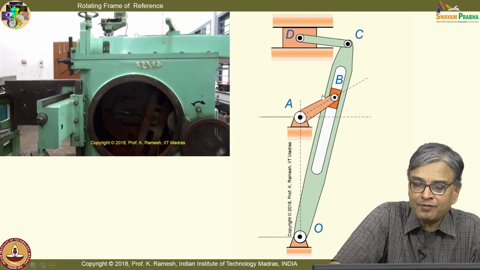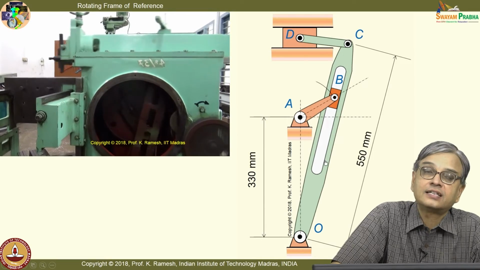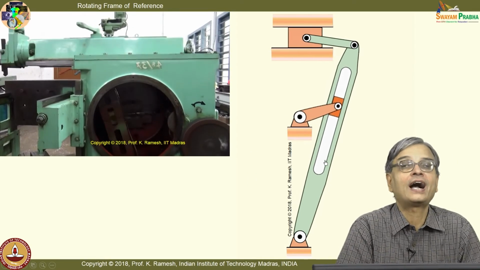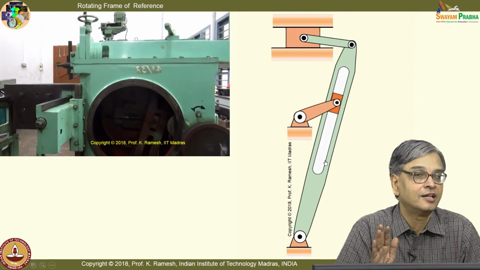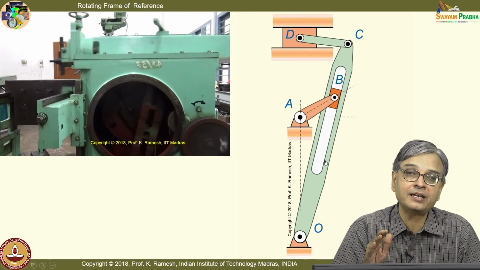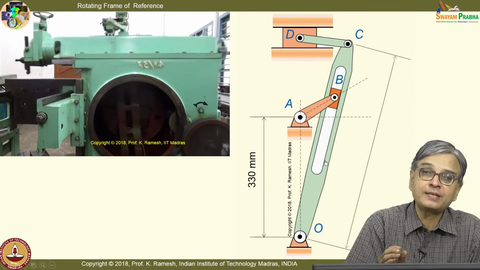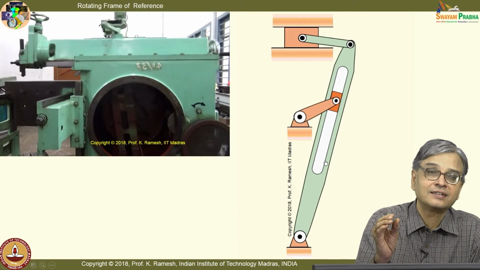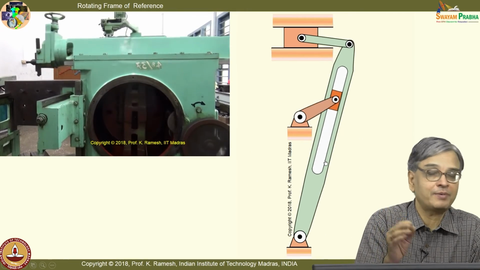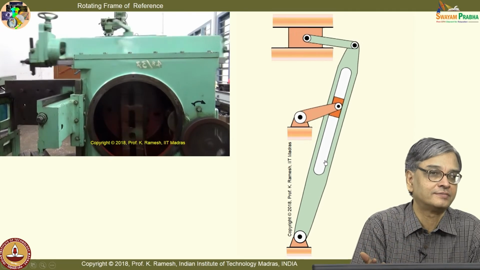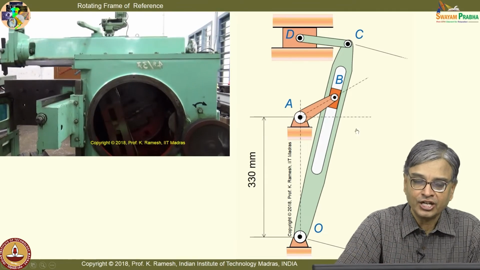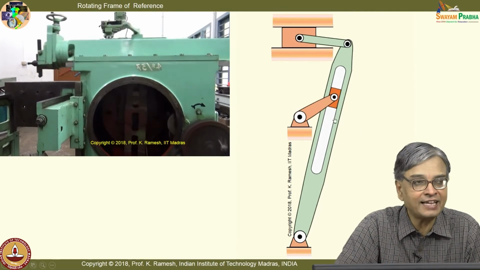And whenever I have a slotted member, the thumb rule is you attach the rotating frame of reference to the slotted member, because in a slotted member the path of the particle is known. It may be easier to calculate, it may be difficult to calculate, at least the path is known. In this case, this is simply sliding in this.